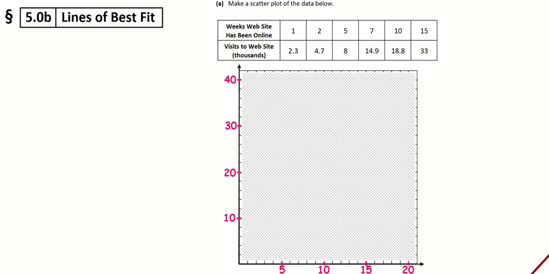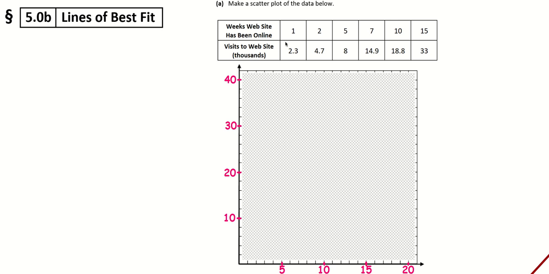Okay, so next we're going to go through what is basically the official notes handout in your notes packet, the notes handout for 5.0b. This is going to be about lines of best fit, and this goes along with scatter plots.